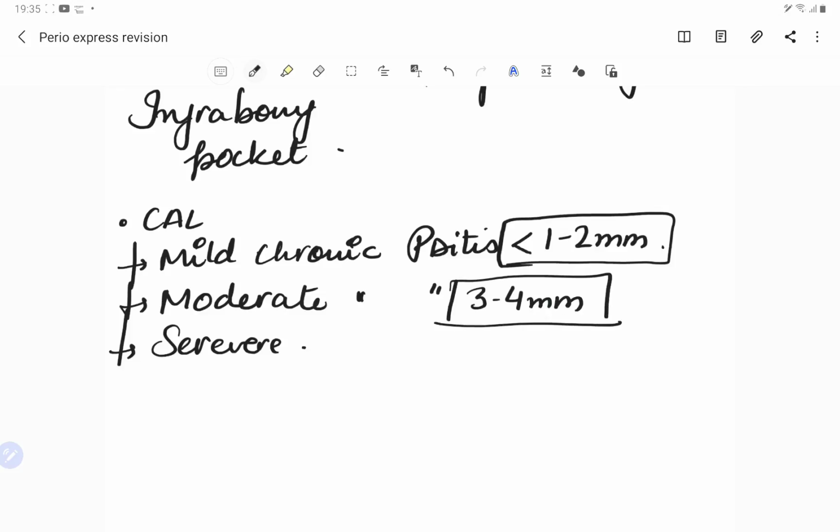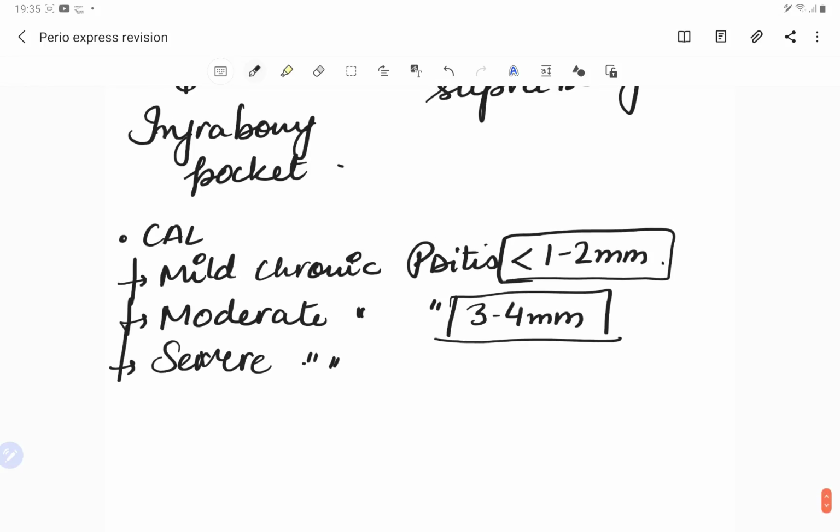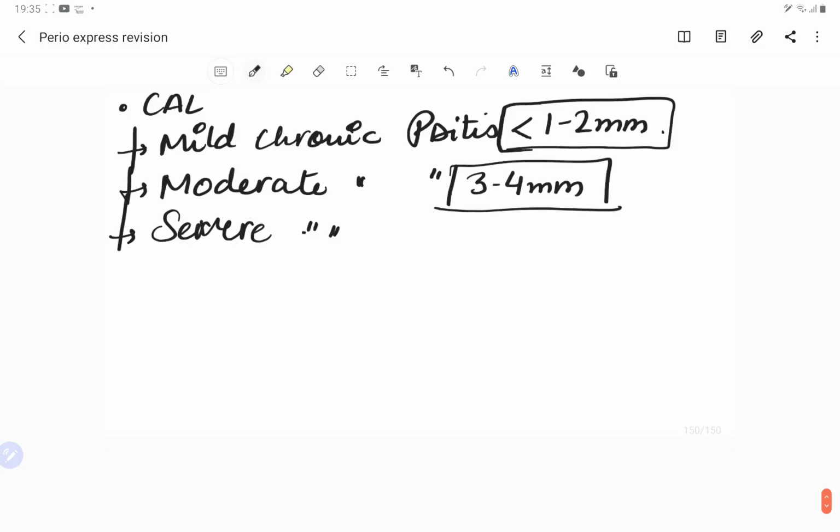Then we have, guys, the severe. Severe chronic periodontitis is when the clinical attachment loss is more than or equal to 5 millimeters. So this is the severe.